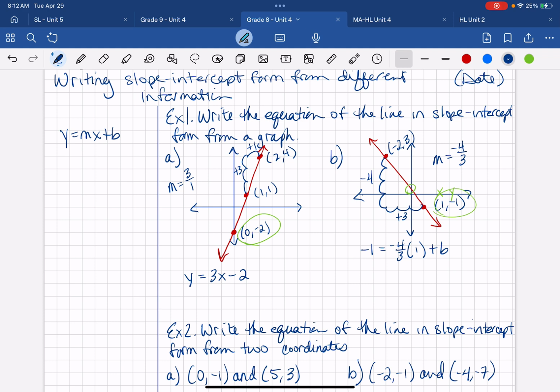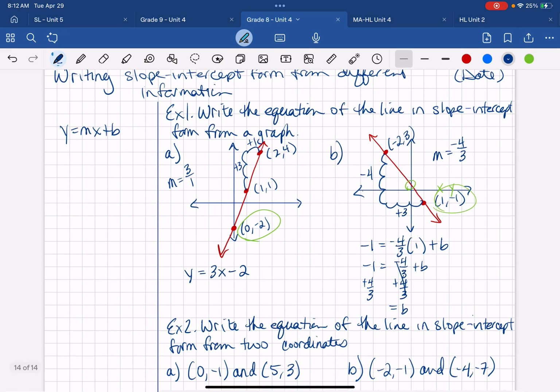A negative 4/3 times 1 is a negative 4/3. I'm going to add 4/3 to both sides. So it cancels out, and I get b on my right. And then I take a negative 1 and I add 4/3.